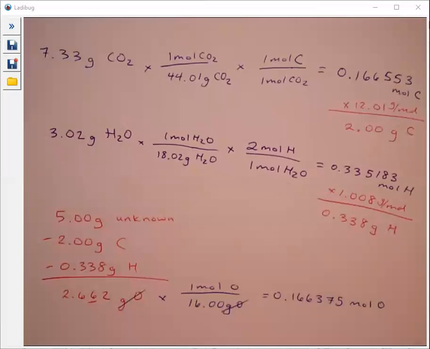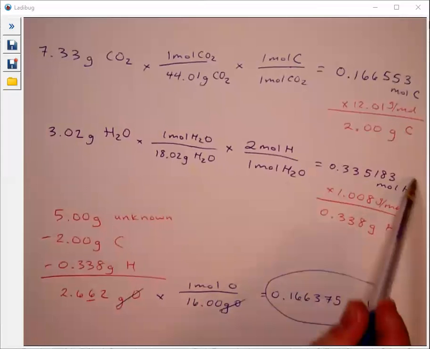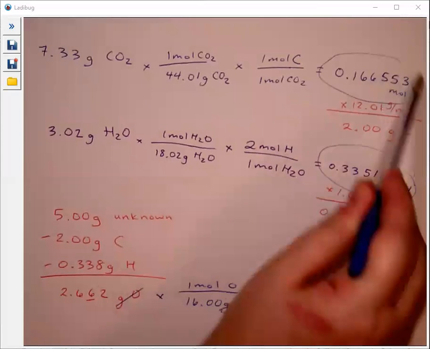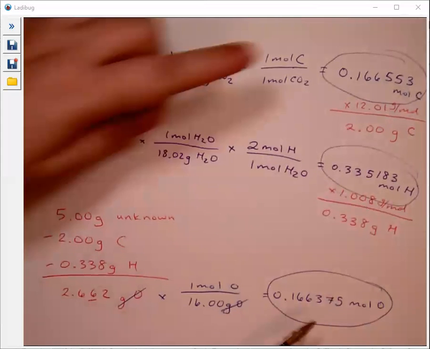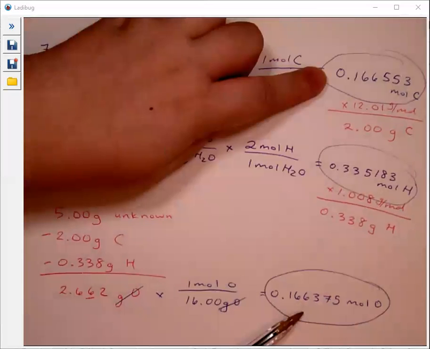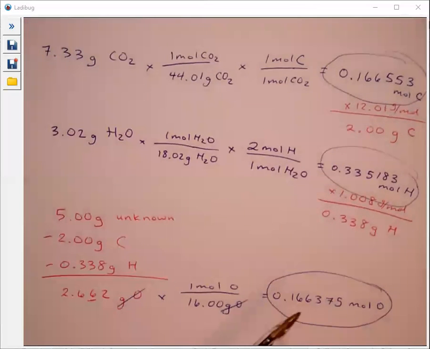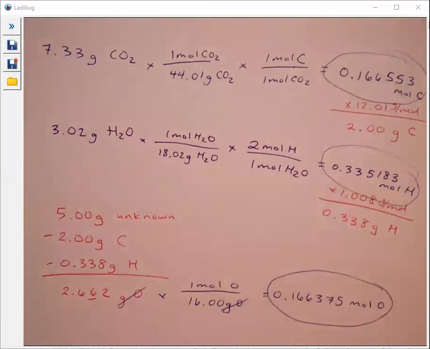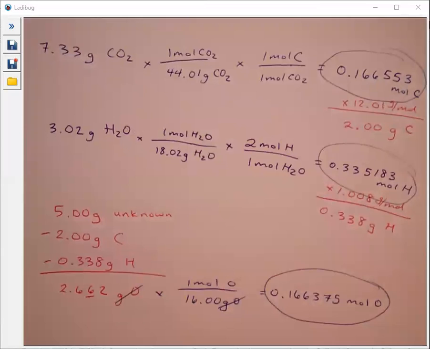So I'm going to be interested in the relationship between the moles of all my components. Just at a glance, we can see that the carbon to oxygen is going to be 1 to 1. And it looks like hydrogen is times 2, but we're going to verify that by dividing. So all of these we're going to divide by the smallest, which is the 0.166375.